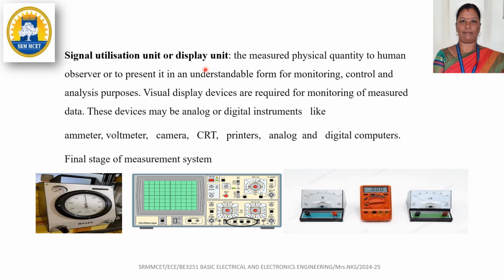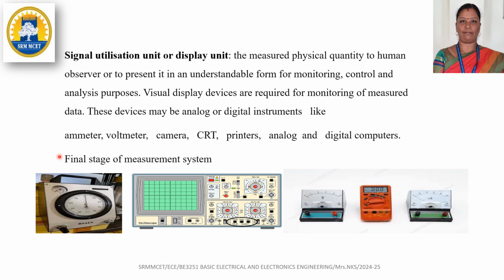Then only can it be monitored, controlled or analyzed, whatever it may be. The first thing is the visual display. A visual display is required to measure and monitor whatever parameters we have to monitor.